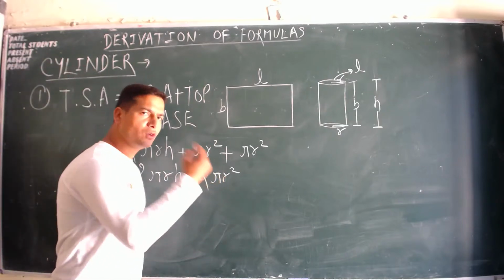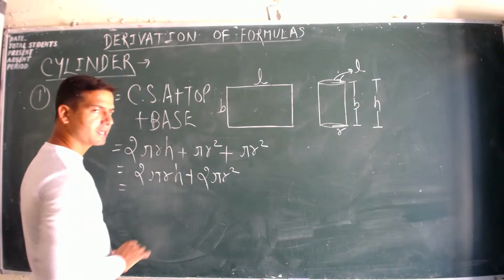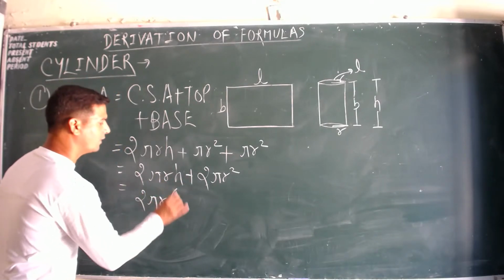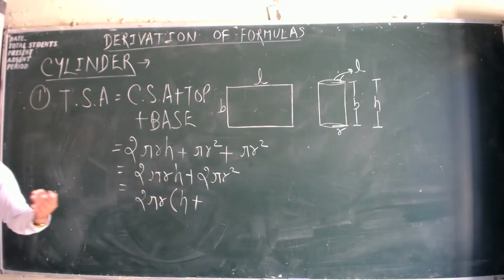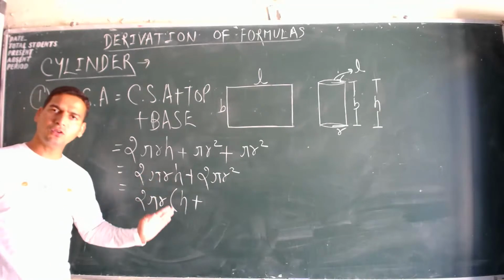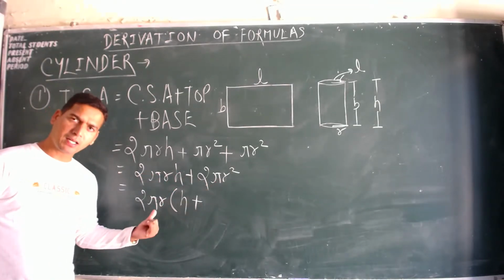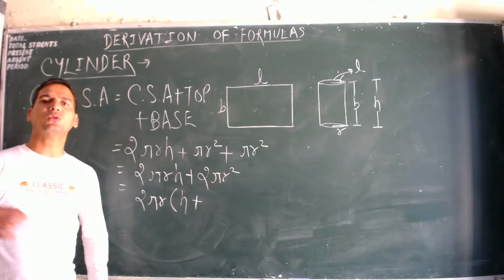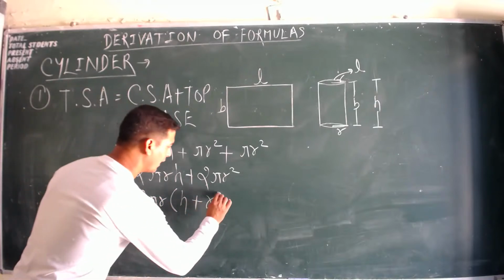So when we take 2 pi r common, the first term will give you h, plus 2 pi r square gives r outside, since r square means r into r. One r has been taken outside, so one r is left.